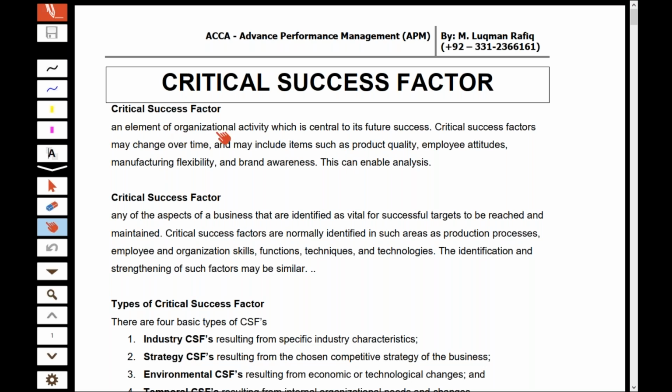It says the critical success factors are those elements of organizational activity which are central to its future success. The key to success. The critical success factors may change over time and may include items such as product quality, employee attitudes, manufacturing flexibility, brand awareness.